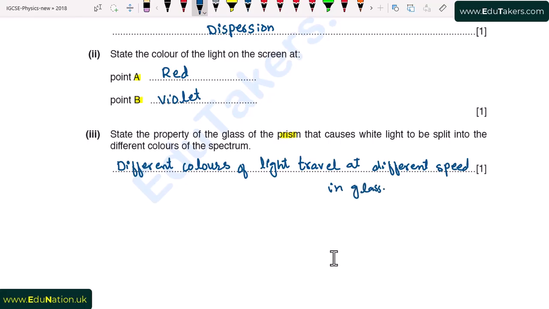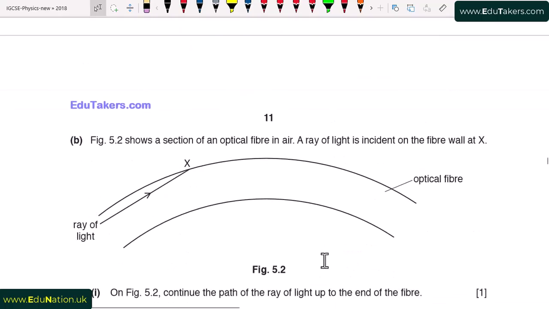So this property of the glass is what causes the white light to be split into the different colors. Going towards the next part of this question.